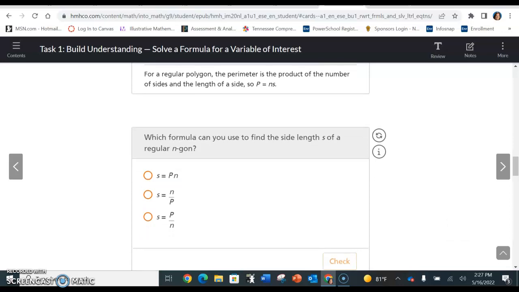Which formula can you use to find the side length S of a regular n-gon? If you're solving for S, if you have P equals n times S, all you have to do is divide both sides by n to get S by itself. So S equals P over n.